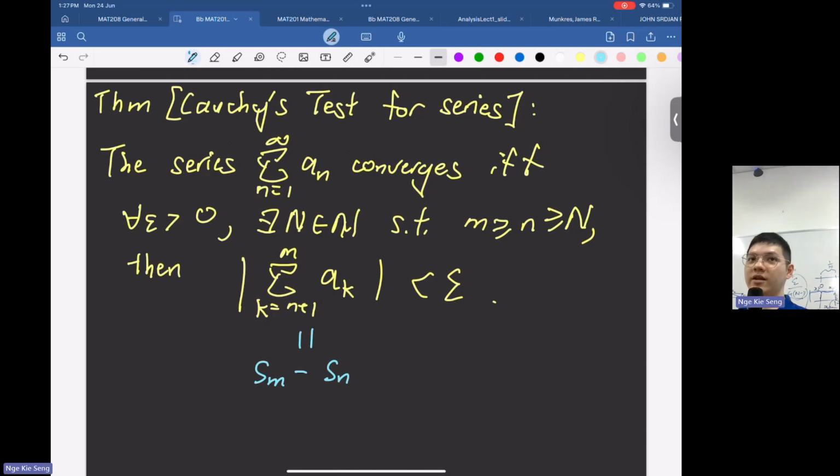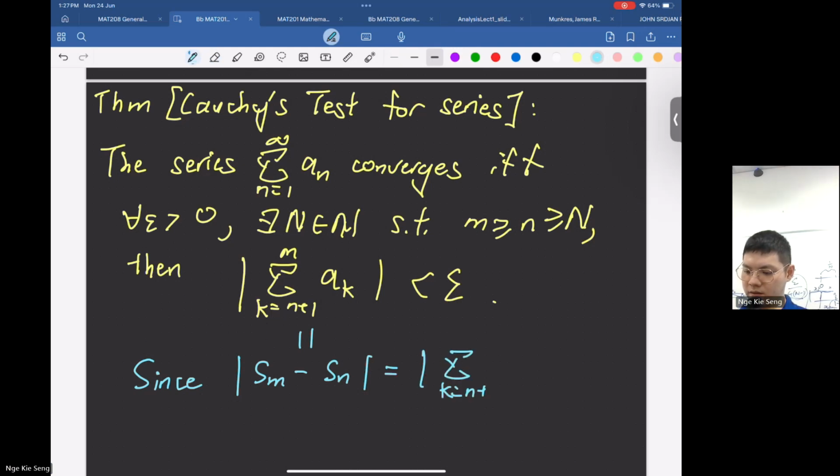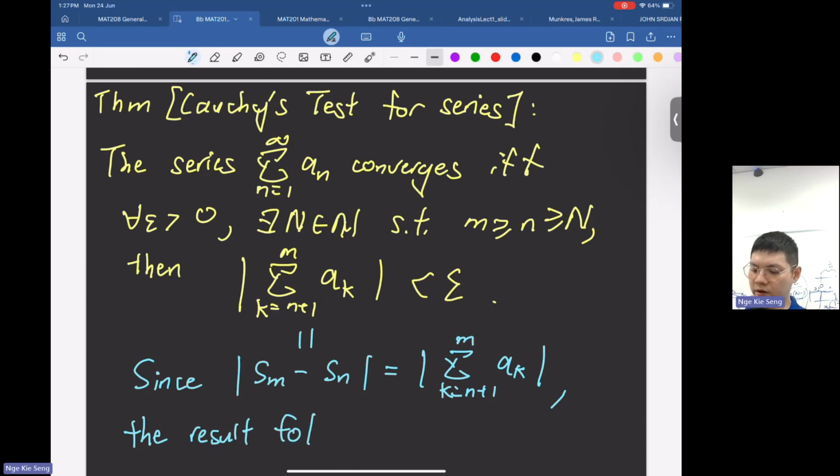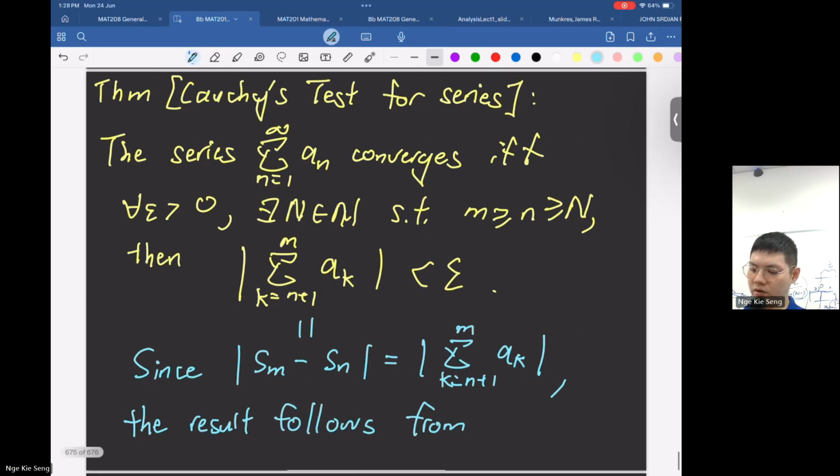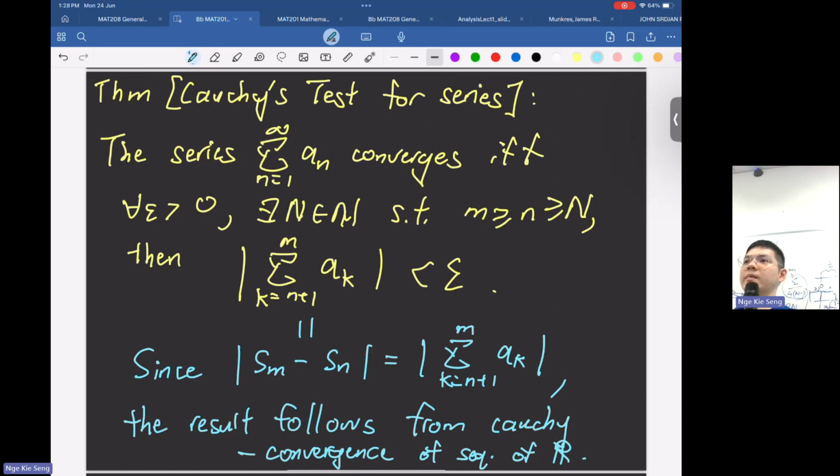Correct or not? Since this equality is true, the result follows from the Cauchy convergence of sequences of real numbers.